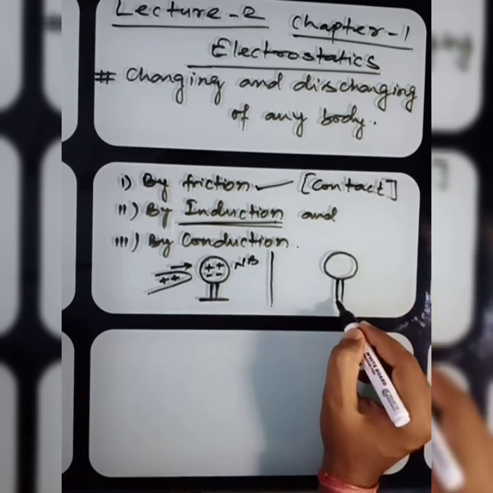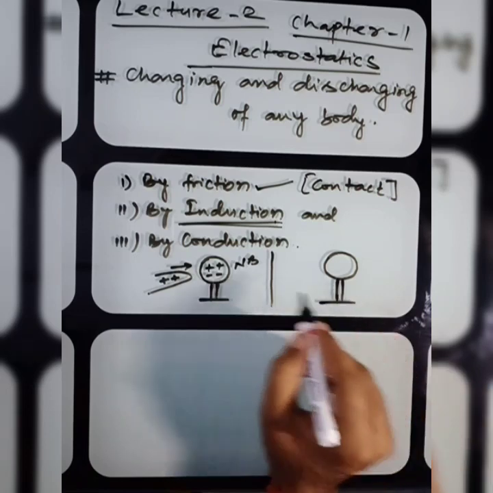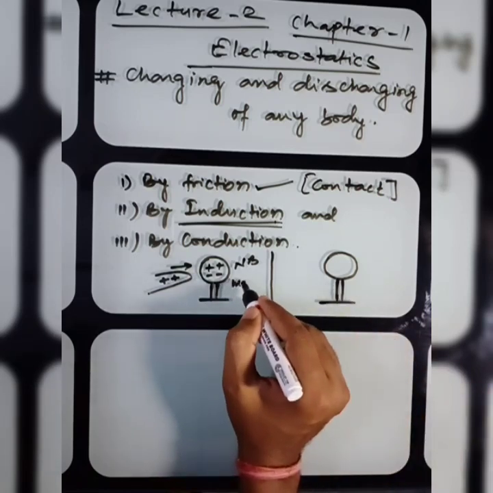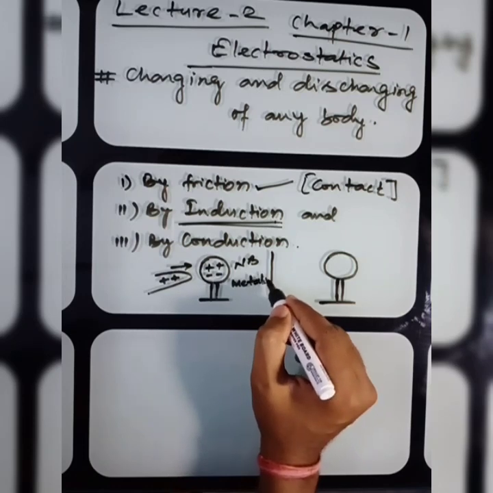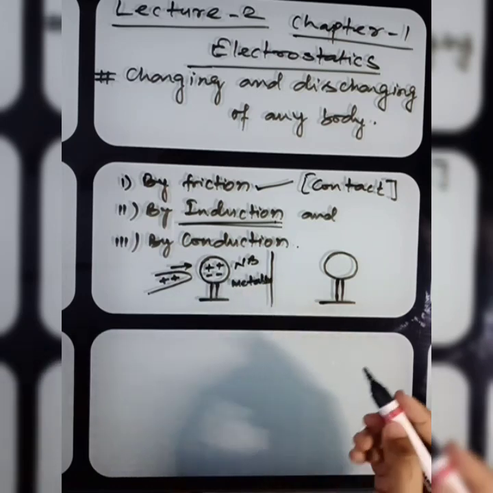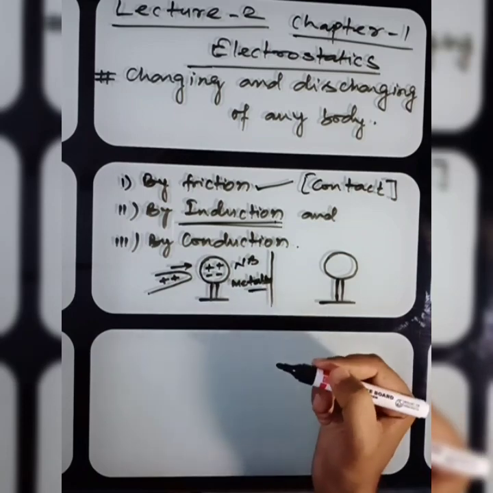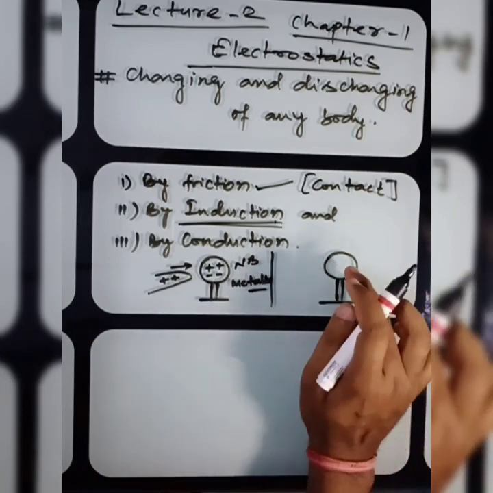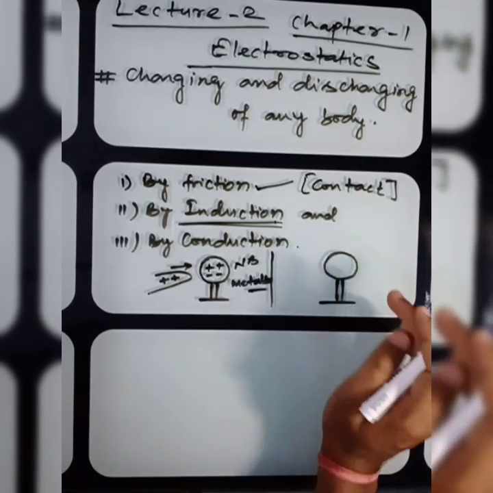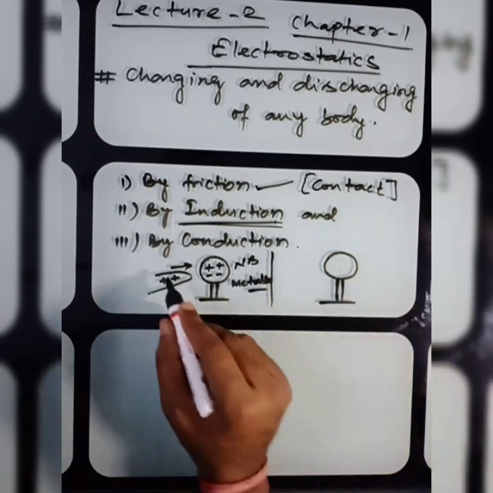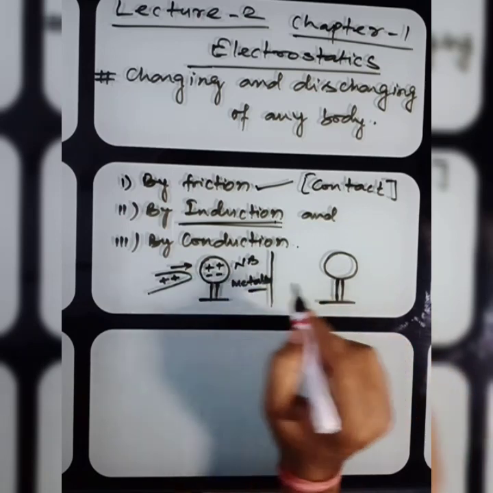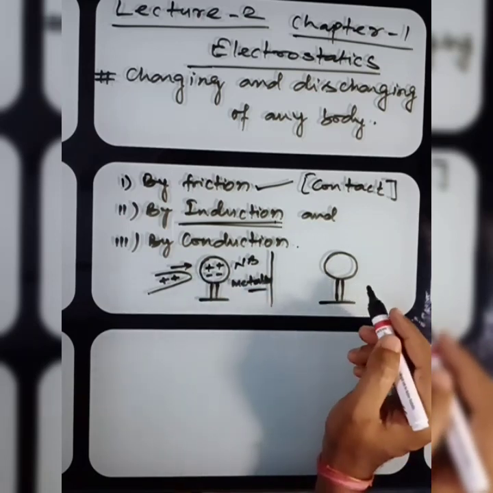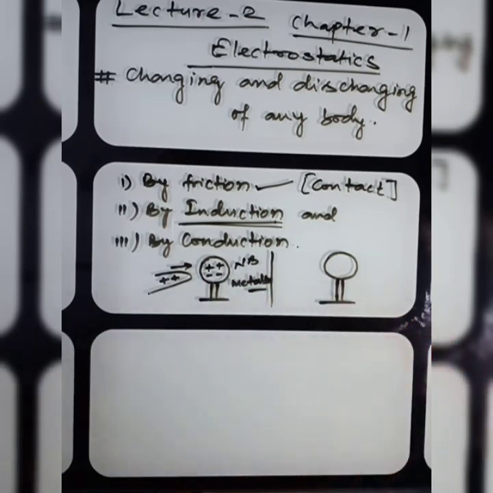This is a metallic body in which charge can easily move within the body. Now a positively charged rod is brought near the neutral body.